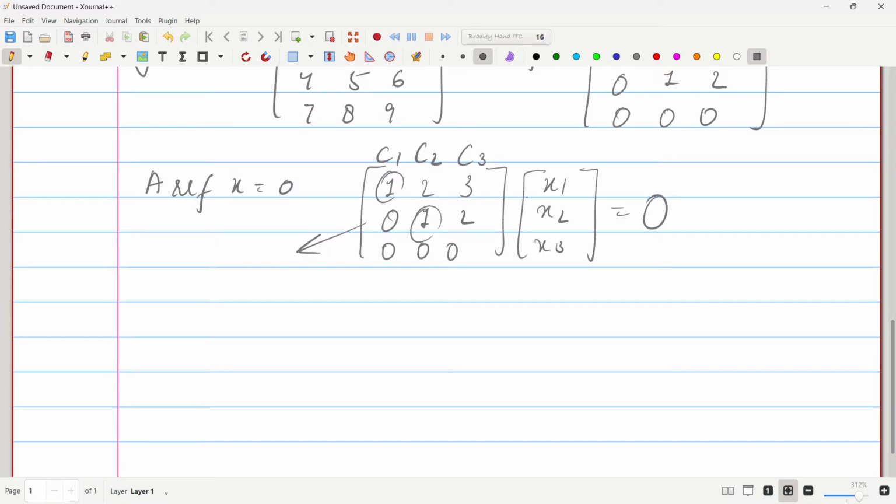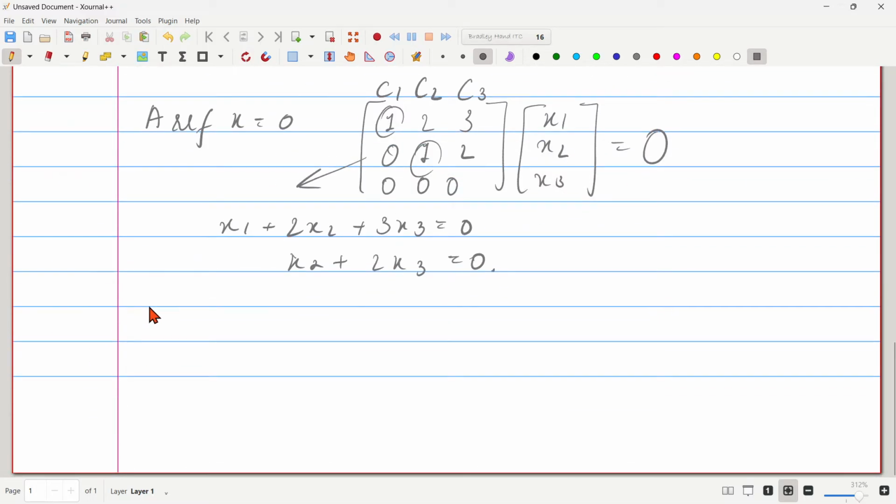Now you will get two equations: x1 plus 2x2 plus 3x3 is equal to 0 and x2 plus 2x3 is equal to 0. For writing the null space, you have to keep one thing in mind, that the null space will be in terms of independent variables. Here column 3 corresponds to x3, so x3 is the independent variable.